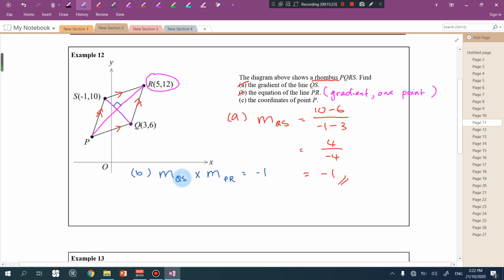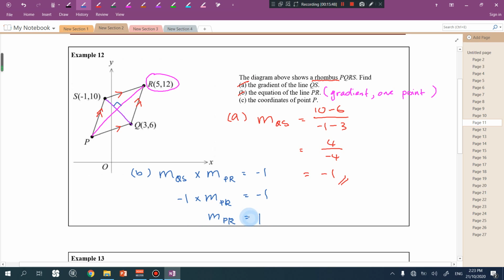The gradient of QS we know, which is -1, times the gradient of PR is equal to -1. So we should be able to get the gradient of PR easily just by taking -1 divided by -1, which will give you 1.